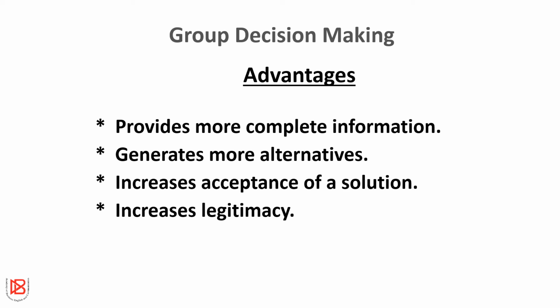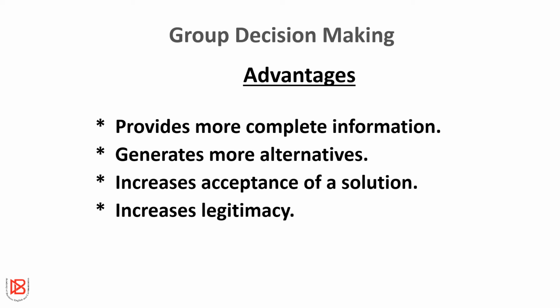Group decision making. Now we'll come into the decision making of the group altogether. Remember, group decision making is contagious. Group decision making has its pitfalls. Let us understand the advantages first. Once you are doing group decision making, you get a holistic viewpoint, more complete information.